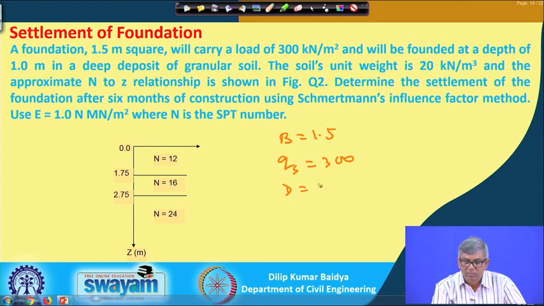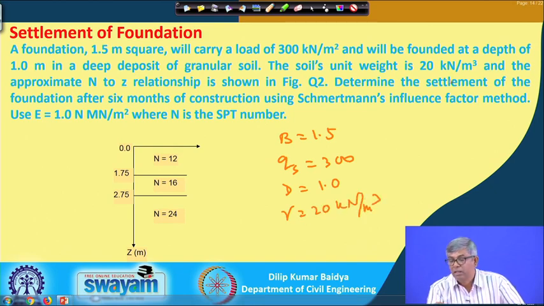So, D equal to 1 and the soil's unit weight is gamma equal to 20 kilonewton per meter cube and the approximate N to Z relationship is shown in the figure.